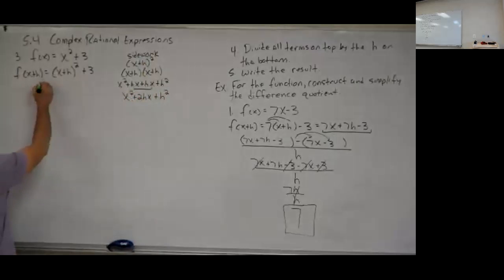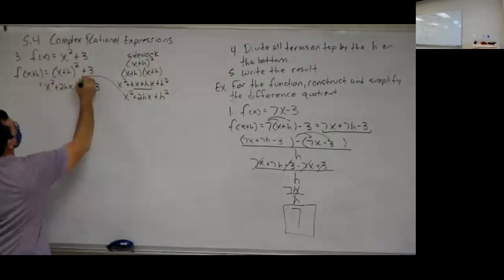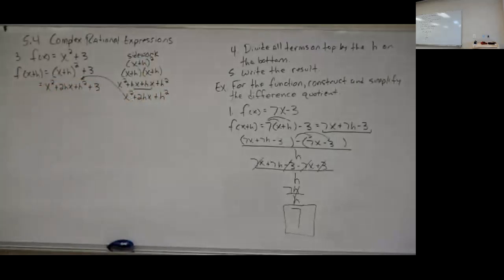So that this becomes x squared plus 2hx plus h squared, but remember at the end is still a plus 3. Okay? So I did that just to stick that stuff right in there. That is now f of x plus h.